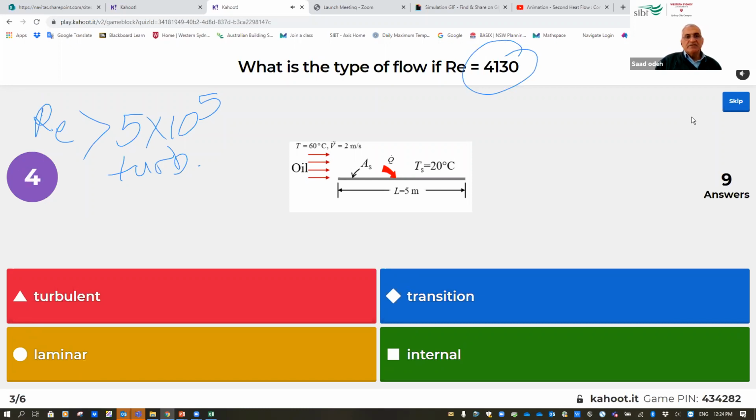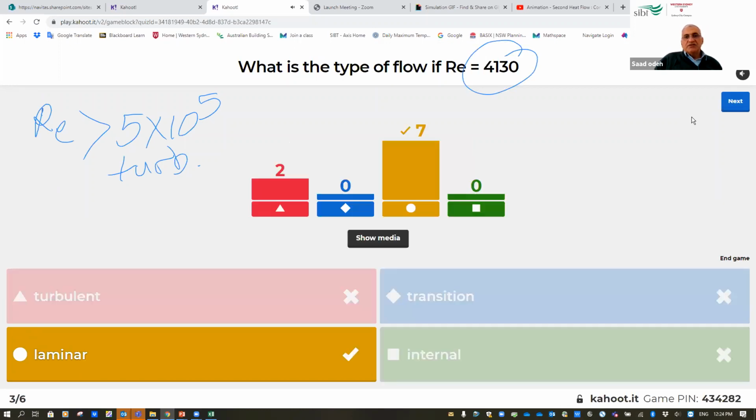If it's less than 5 times 10 to the power 5, then you should know it. Yeah, perfect. So you can see that 4,130 is less than 5 times 10 to the power 5. So this means that this is laminar.